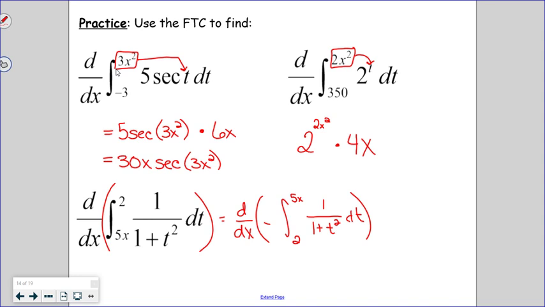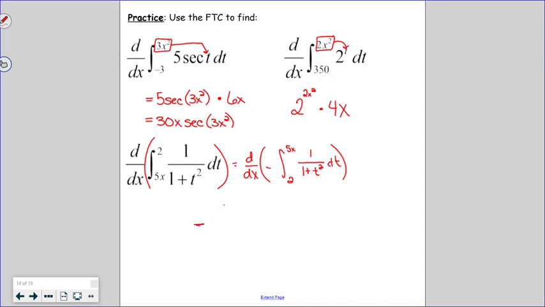And now I can apply my fundamental theorem of calculus and plug the 5x in. And that's more than just a plain x, so then I would follow this up by multiplying by the derivative of 5x, which is 5. Simplify, we'd end up with negative 5 over 1 plus 25x squared.